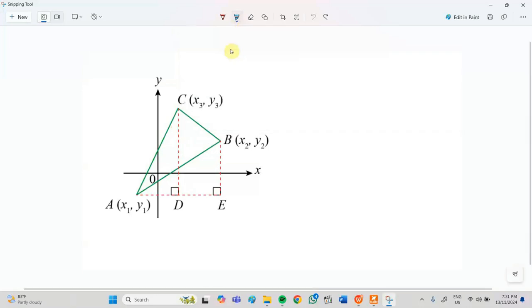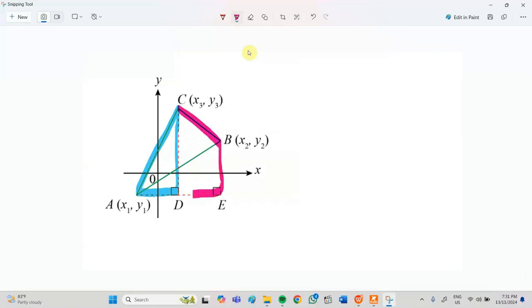First, we find the area of the triangle here, and we then find the area of a trapezium, and after that we subtract the triangle here in order to find the area of the green triangle.